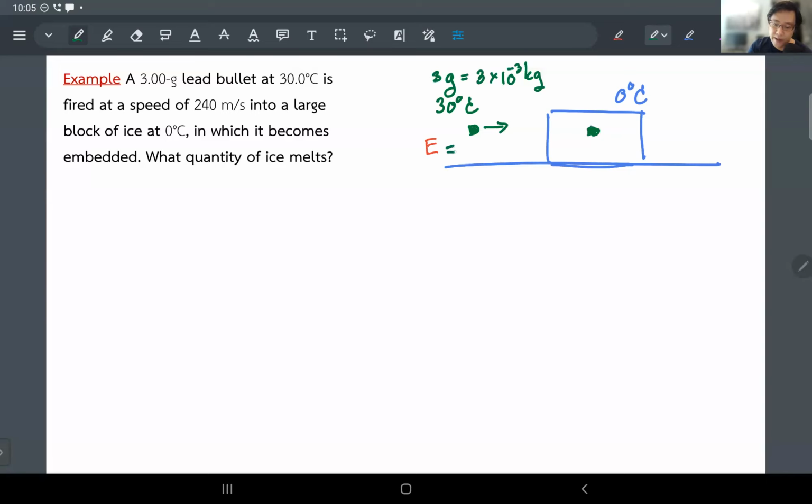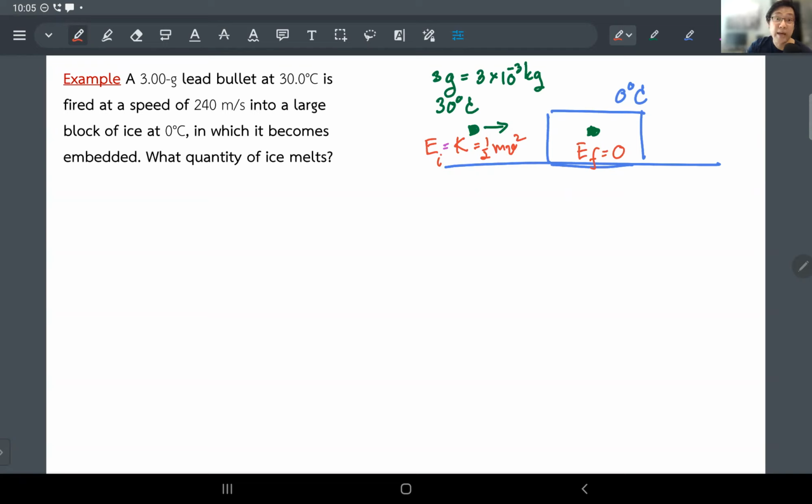So I can say explicitly this is the kinetic energy, 1/2 mv squared. That's what you start with, but at the end it's gone. So the final energy of the bullet is 0, and I can take this one as the initial.